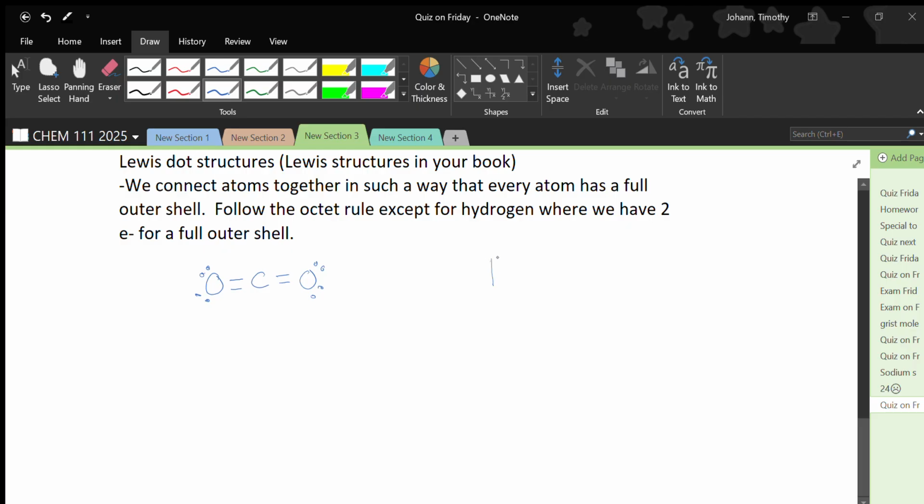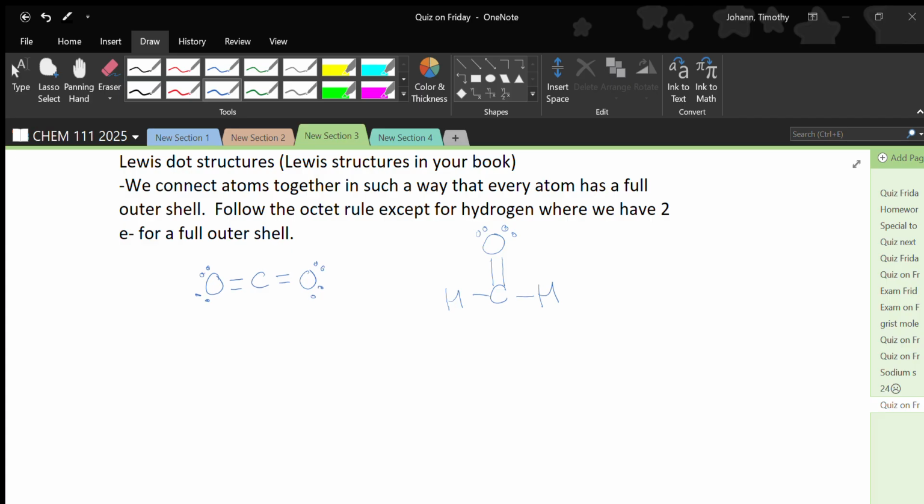Let's go ahead and do formaldehyde. Formaldehyde looks like this, and we'll count for that one as well. This hydrogen: how many does hydrogen have around it for a full outer shell? 2, not 8. So you're only ever going to make 1 bond to hydrogen, and never put any electrons on it.